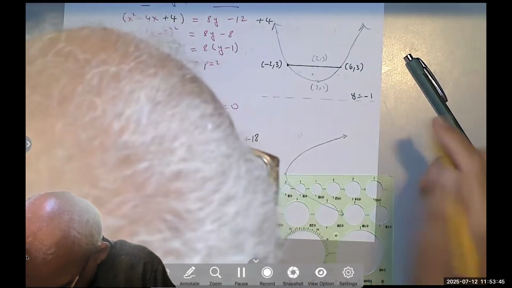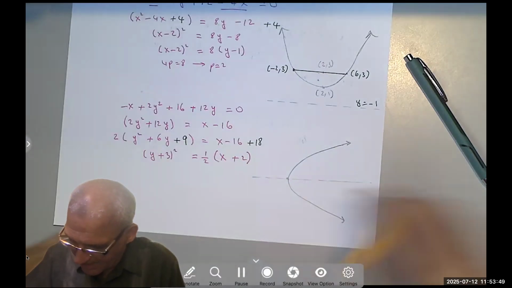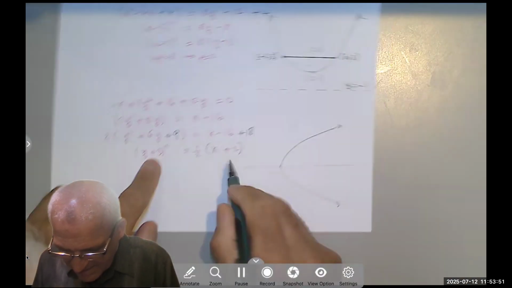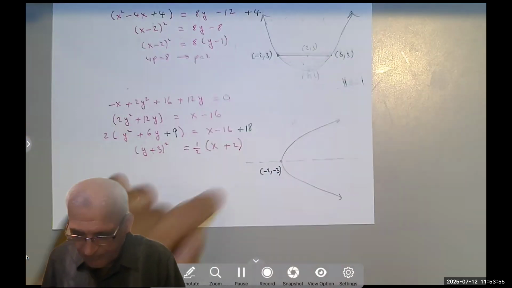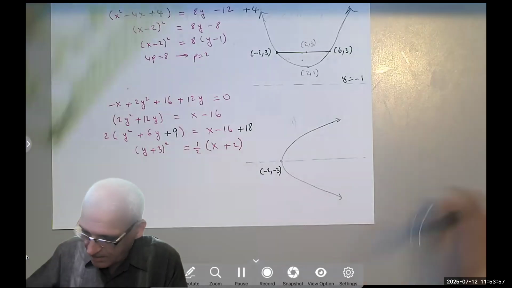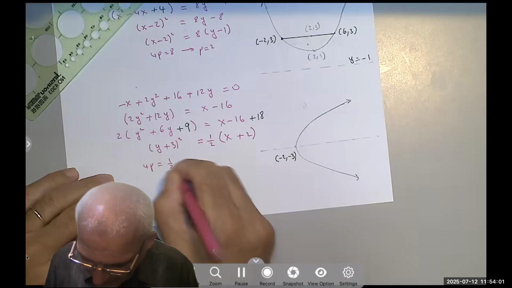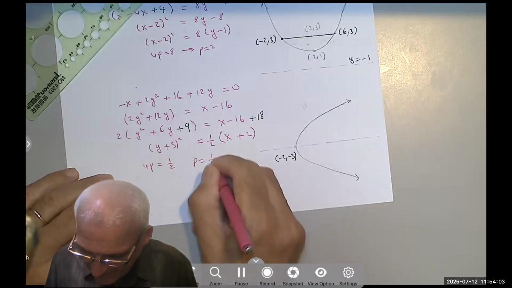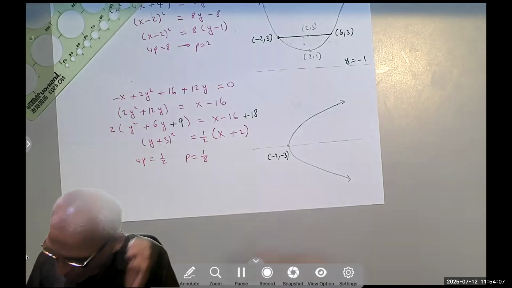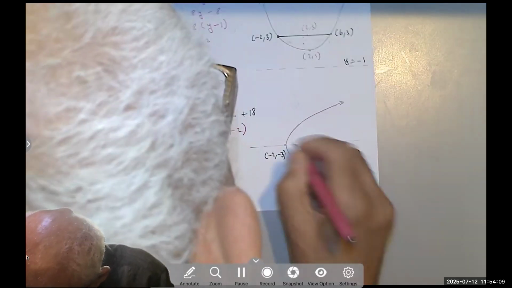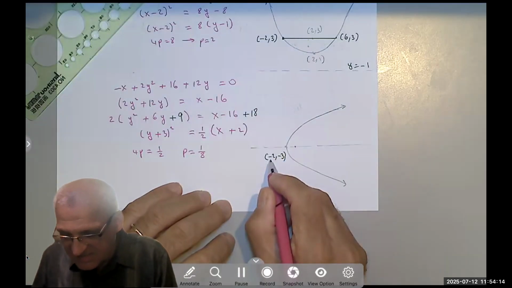Okay? Now, this is the axis of symmetry, and the vertex here is -2, -3. 4p equals 1/2, so p equals 1/8. Okay? So if it's 1/8 along the x, this is negative 16/8.